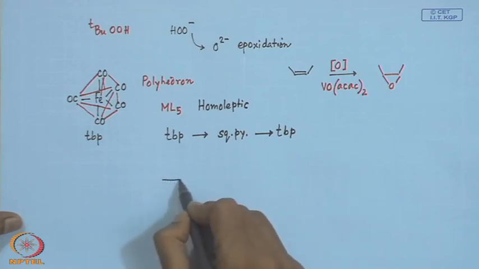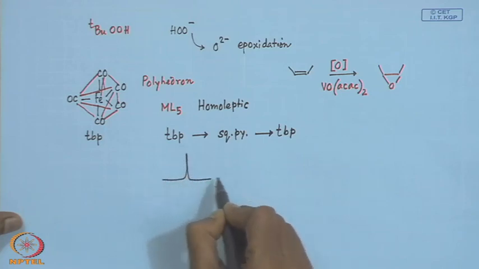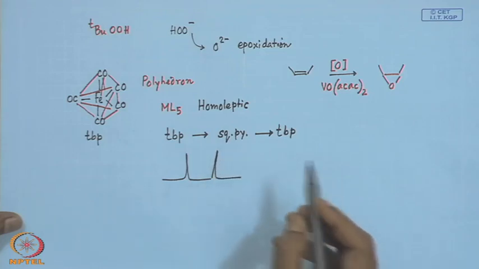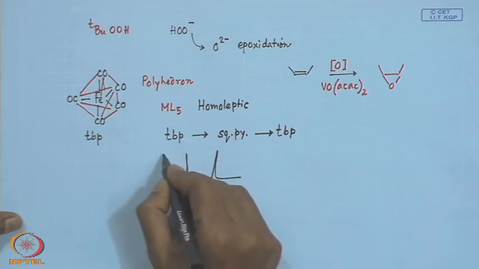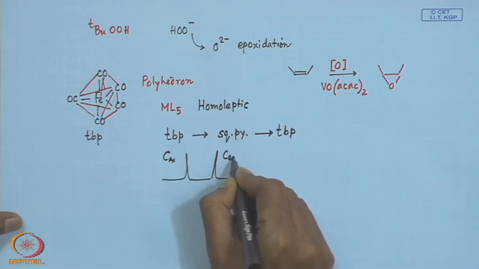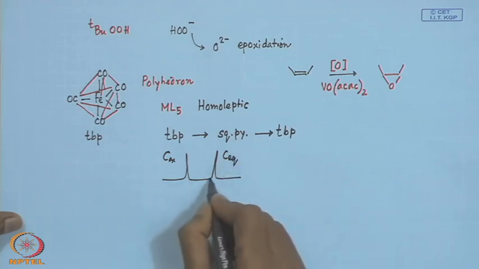That means if we have one position for the axial carbon monoxide and another for the equatorial one, we can see the carbon signal coming from axial and the one from equatorial.